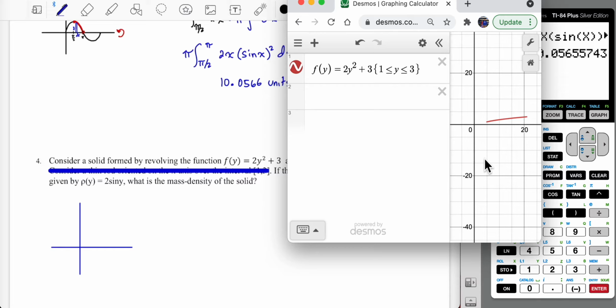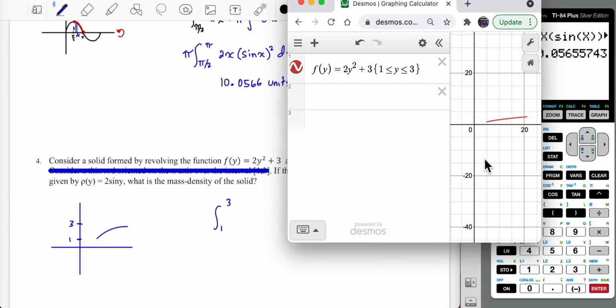So it's something like this. 1 to 3. All right. So we're looking at over the interval of 1 to 3. We're going to do a pi r squared.